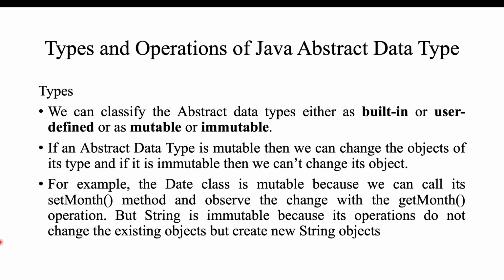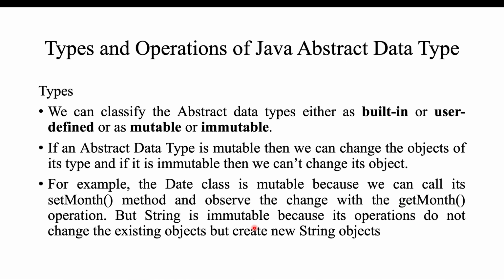For one time I can set the month to, let's say, January, and I can read it as January. In the next moment I can set it to February, and then the entire object would change into February, and I can read it as February.